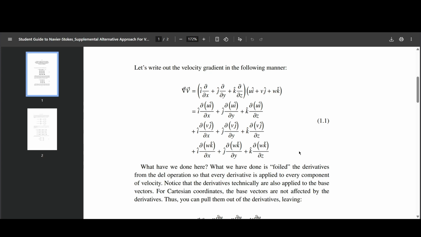So it says here they take the derivatives. The del operation. What is a del operation? Is this gradient operator? I believe it is.